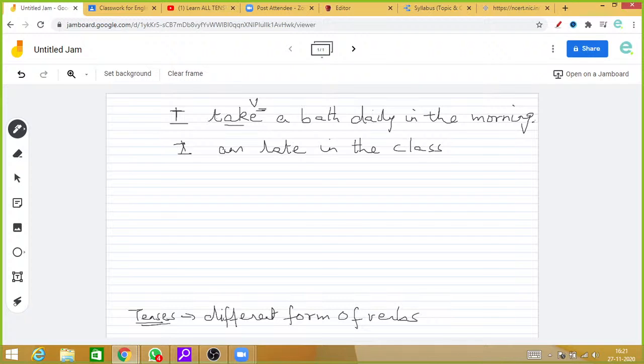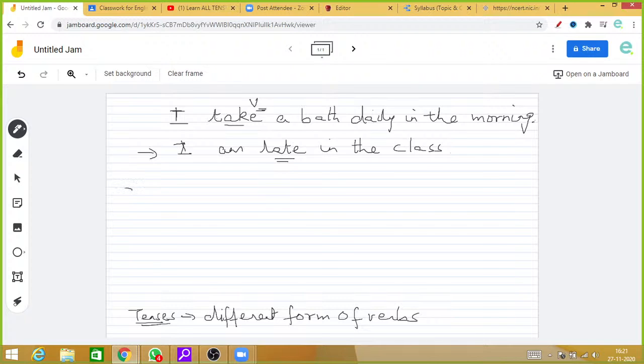Late. Late is not the verb. Is it the verb, Ganesh? Ma'am, nothing. What? A sentence cannot be without a verb. So nothing is not true. There has to be a verb.